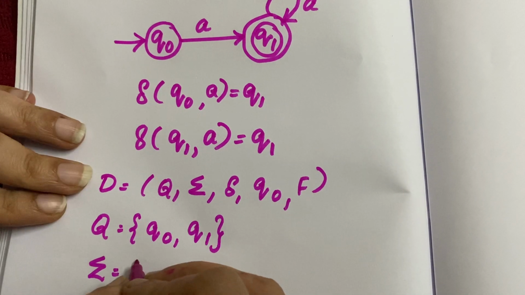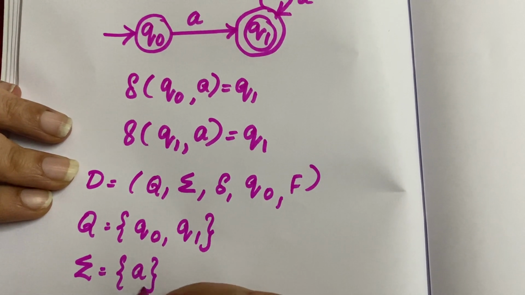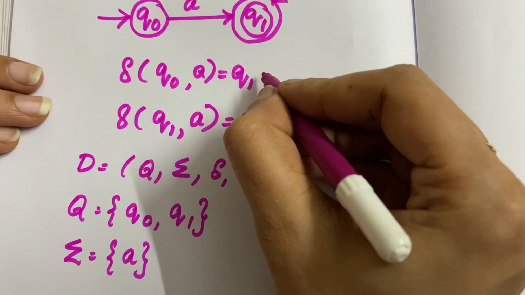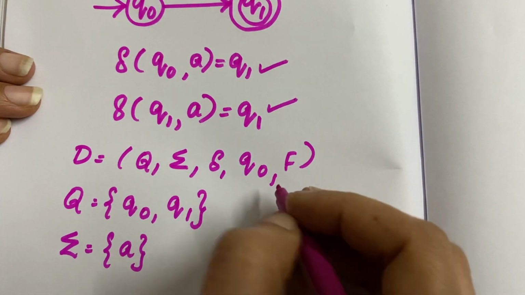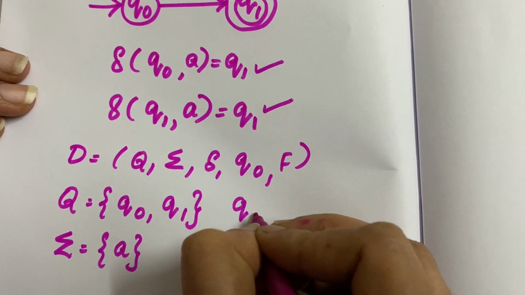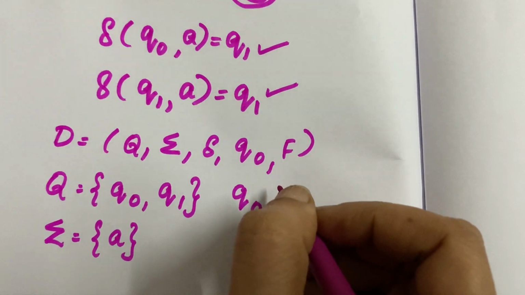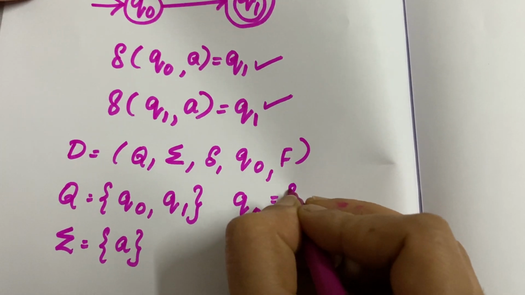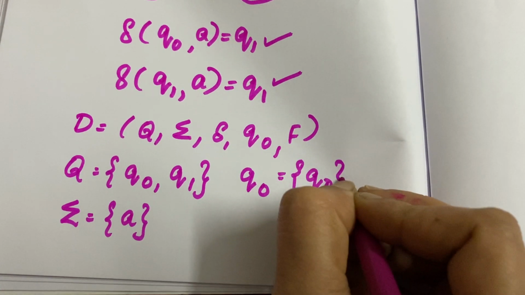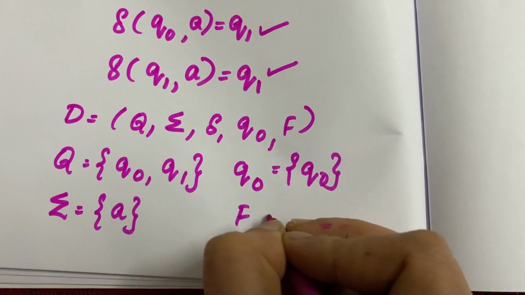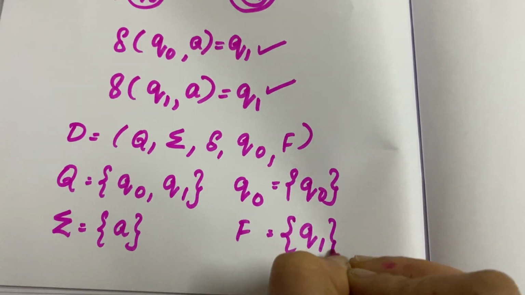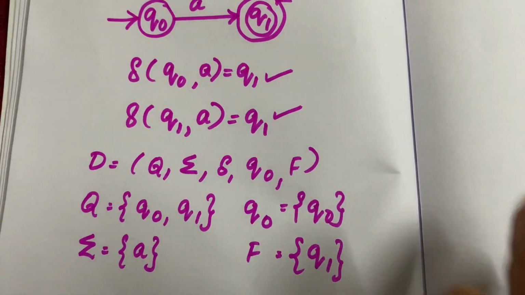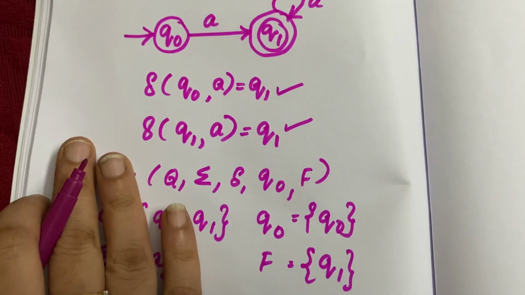Only one, that is A. The transitions we have written here, these 2 transitions. Q0 is your starting state. And F, the final state, is Q1. So this is the transition diagram we have constructed.